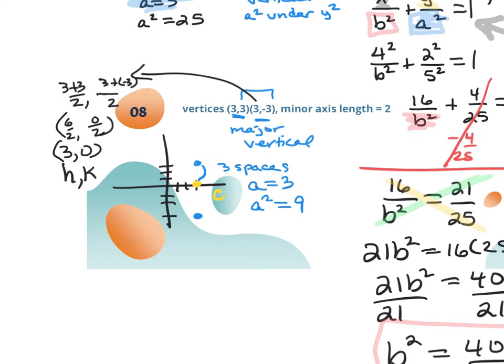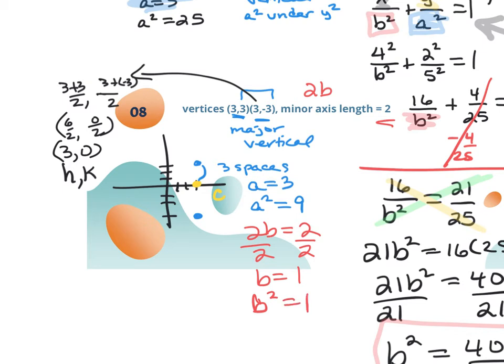If you recall from the beginning slides, the minor axis length was equal to 2 times b. So if I set 2b equal to this 2 and divide by 2, b equals 1, so b squared also equals 1.